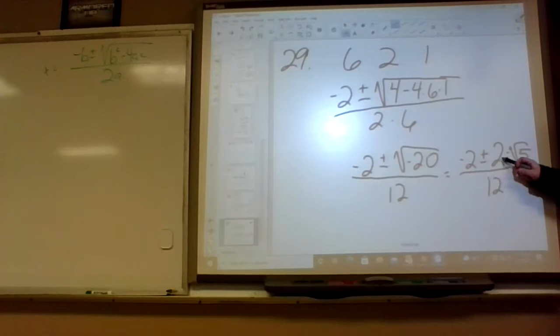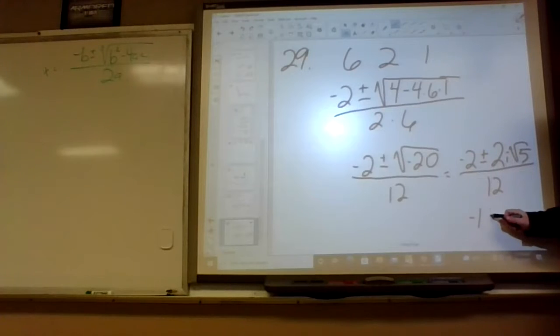All these are divisible by 2, right? When you divide this 2 by 2, you're dividing the whole term by 2. So divided by 2 it's negative 1 plus or minus i square root of 5, the 2 goes away, over 6. If you separate it, it would look like this.